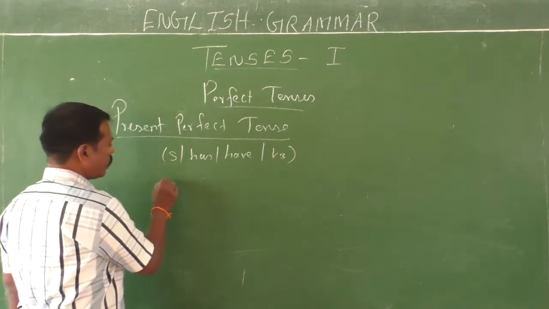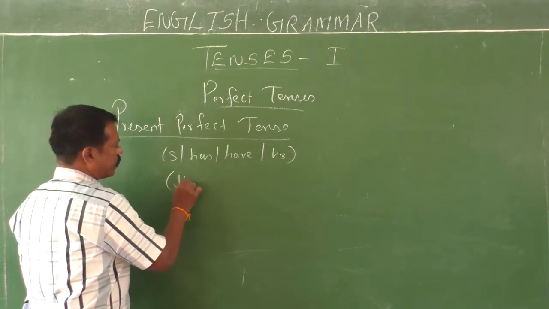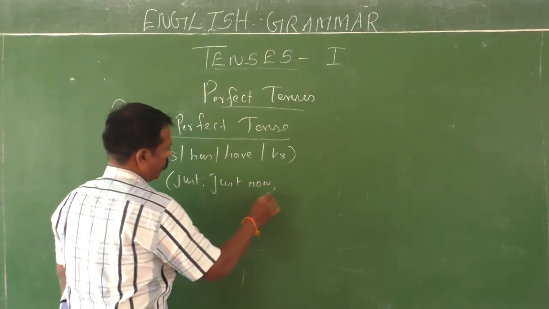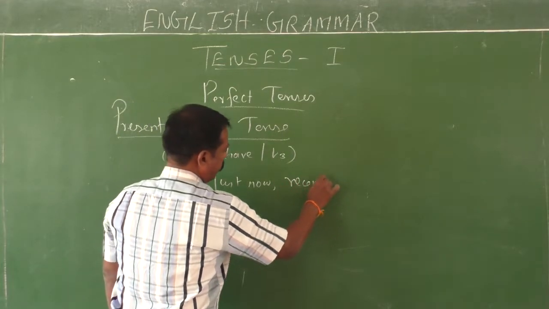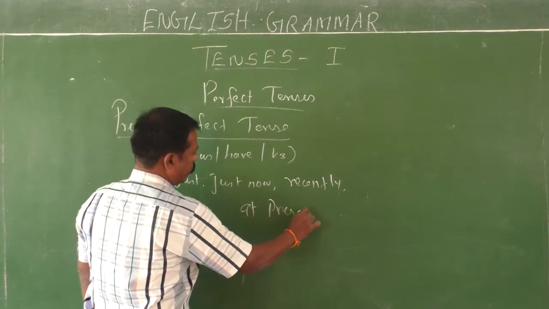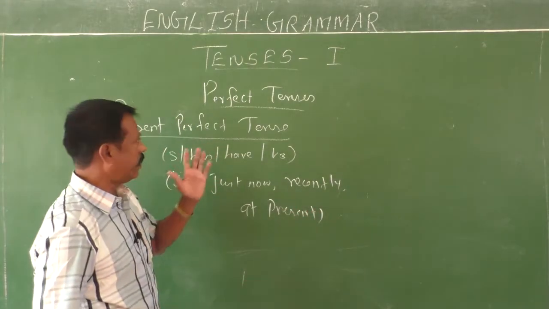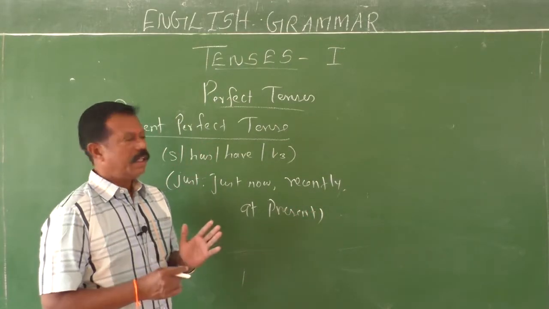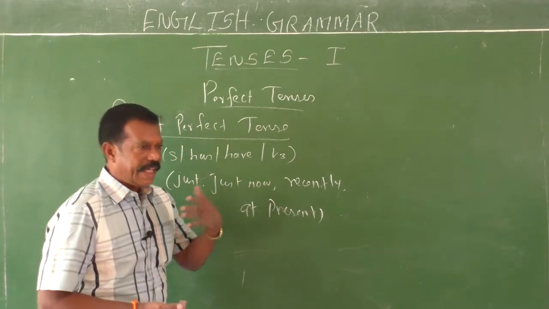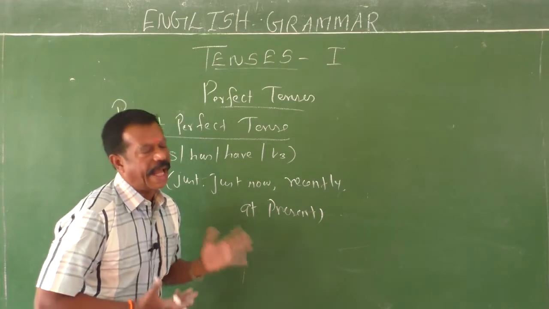So what are the key words? Just now, recently, at present. These are all the key words associated with this present perfect tense. So we use this present perfect tense to refer to a recently completed action.